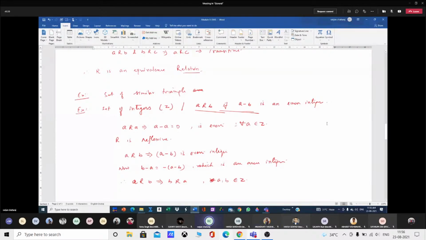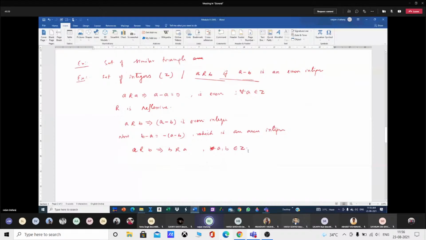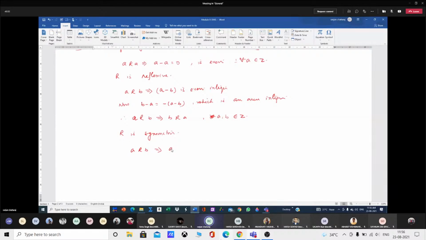Transitive. Transitive means A is R related to B and B is R related to C implies what? A is R related to B means A minus B is an even integer.